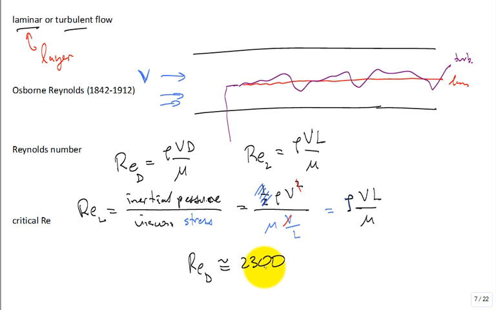So when the Reynolds number is less than that critical value, it is laminar. And when it's above, it's turbulent. For flow in a pipe, we're using the diameter as the length scale. Around 2300. Some books will have 2100. Some books will have 2000. It's around there.